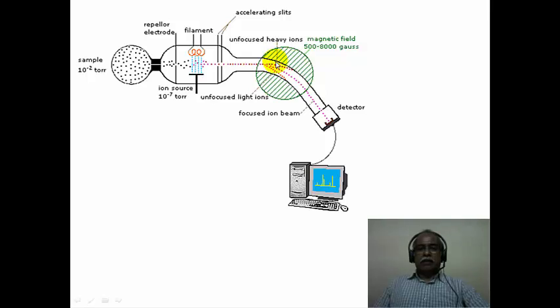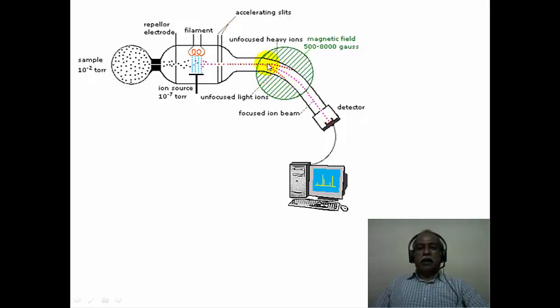The magnetic sector analyzer essentially is a bent tube, and in this magnetic sector analyzer, the ions take a curvature in terms of the trajectory of the ion. Those ions which have a curvature matched with the curvature of this analyzer tube essentially reach the detector. Heavy ions which have a larger curvature, for example, hit the walls on this particular side, and the lighter ions which have a lower curvature hit the wall on the other side of the tube.